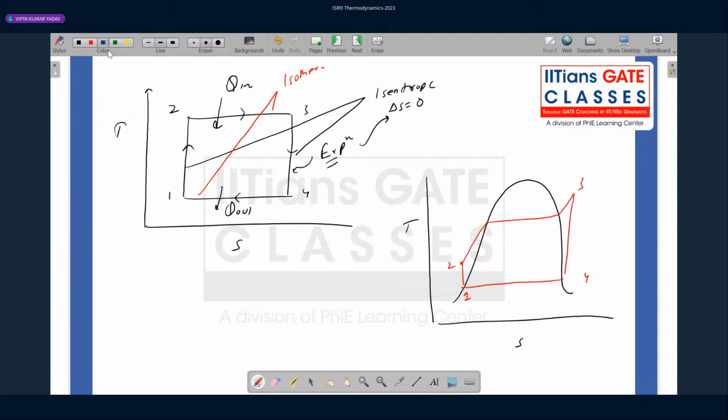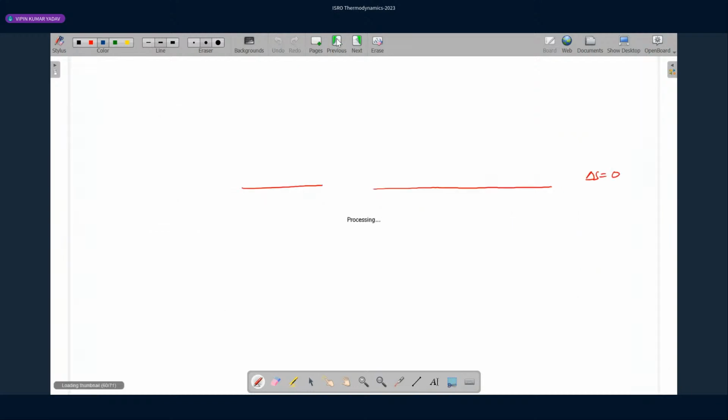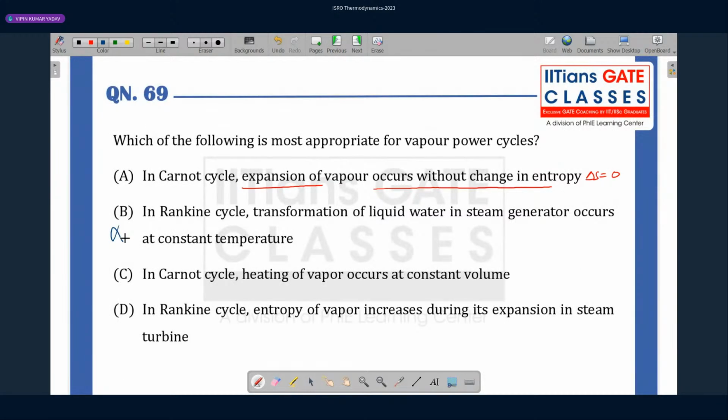The whole process from 1 to 2 is your boiler or steam generator. Here it is constant pressure, but the temperature is increasing here, and here also. So not always does it happen at constant temperature. This is not entirely correct.